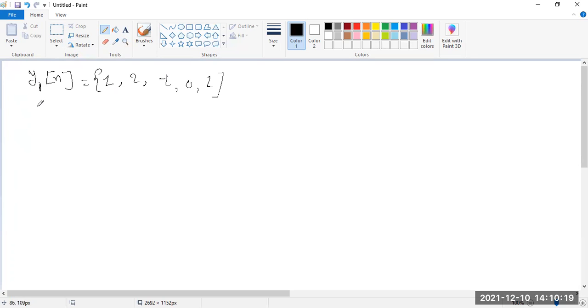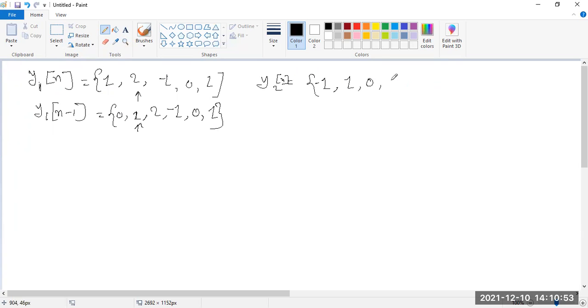And y1 of n minus 1, you can see if we shift this, then it will come, and here is your 2 at the end. So this is coming 0, 1, 0, 1, 2, minus 1, 0, 1. And y2 of n is minus 1, 1, 0, 2.